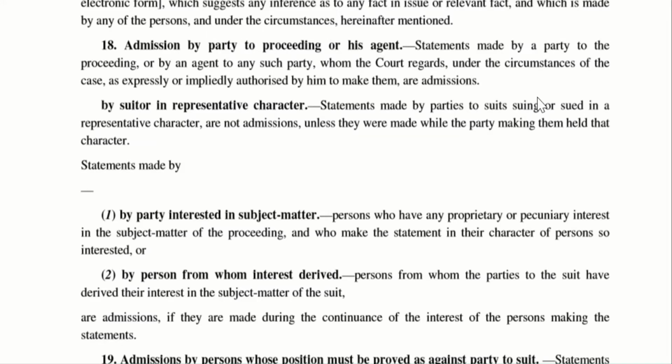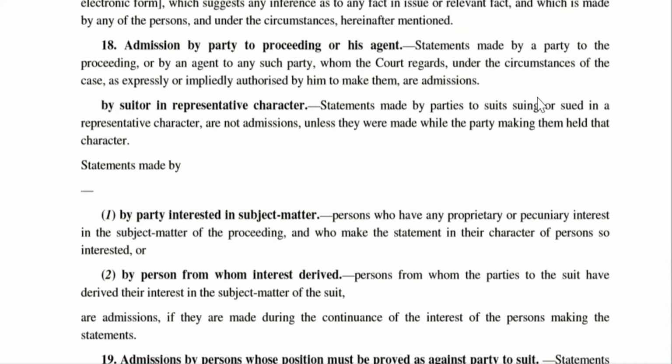Let us fix a date, 1/1/2020. On this date, a person is giving a statement. At that time, this person was not a representative of Mr. A on 1/1/2020. He is giving a statement. That statement is not an admission. Simple. After that, say on 1/2/2020, he becomes the representative, and after that, he is giving a statement.